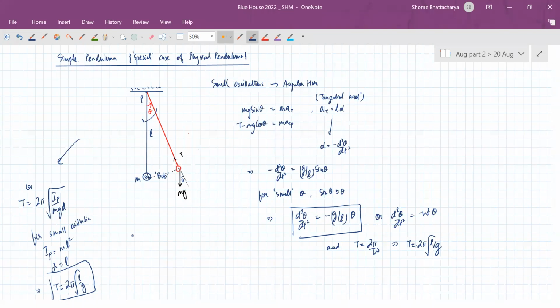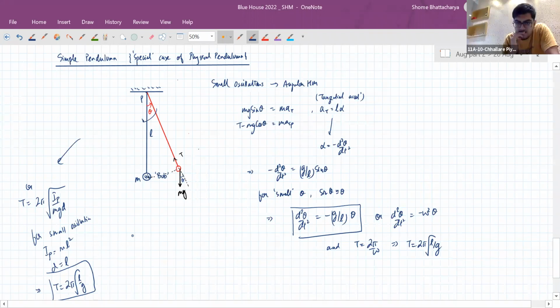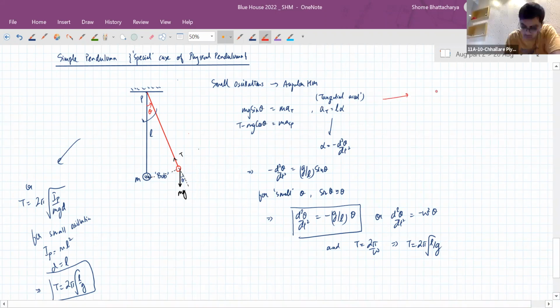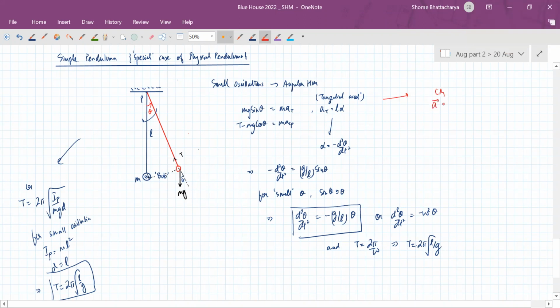Sorry, Beta, come again. Sir, mg sine theta is equal to MAT, right? Yes, yes, AT is the tangential acceleration, which is in circular motion. You'll remember the net acceleration is the sum of centripetal acceleration plus tangential acceleration.